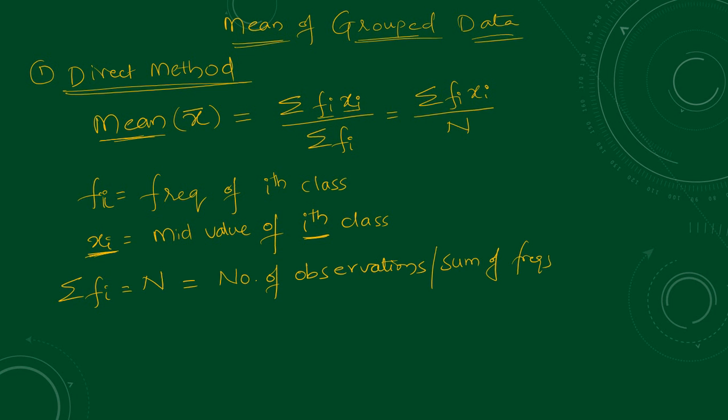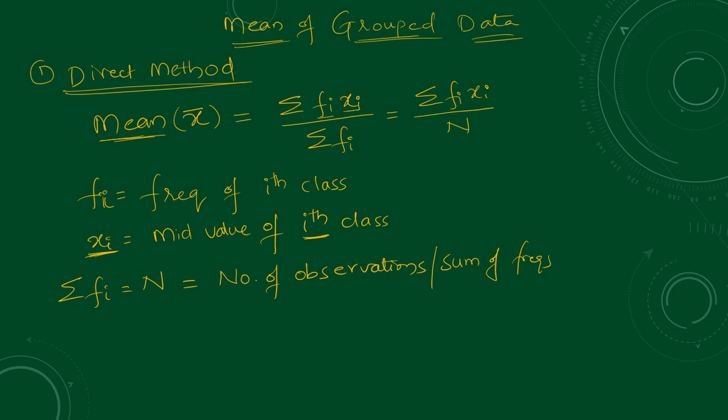Where are we using mid values? Mid values are used in the mean. To find the mean, we make use of mid values. The direct method is one of the appropriate methods used to find the approximate mean value of the given data, right?